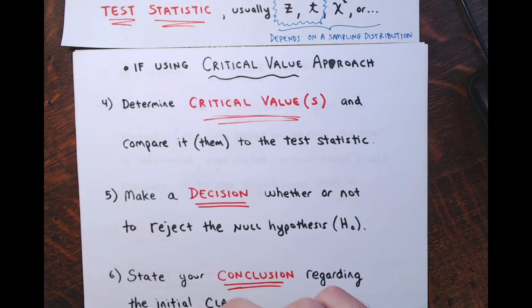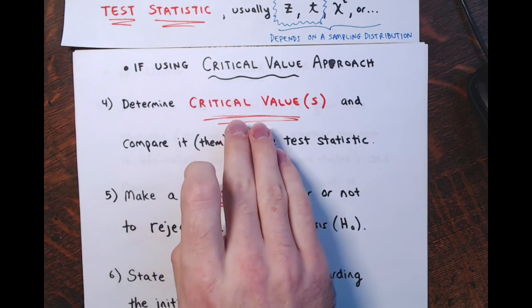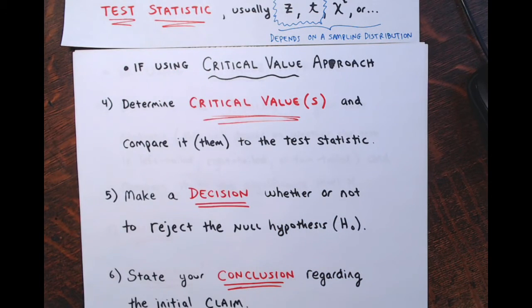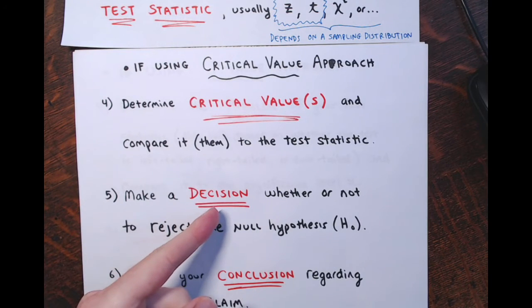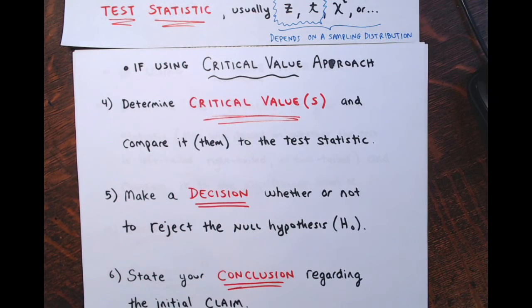And then you're going to compare your critical values to your test statistic from the previous step. Depending on how they compare, you're then going to make a decision whether or not to reject the null hypothesis that was mentioned earlier. So you're either going to reject the null hypothesis or fail to reject it.